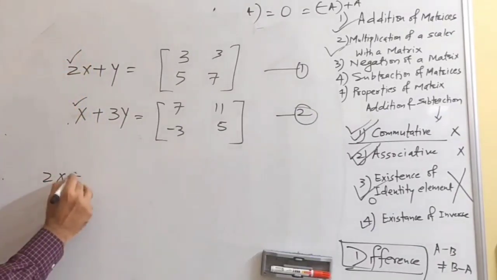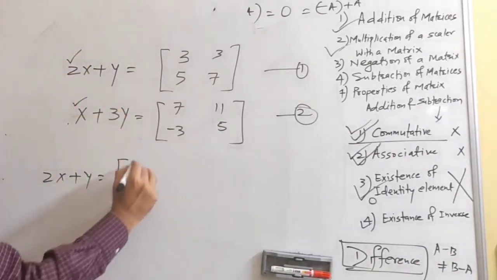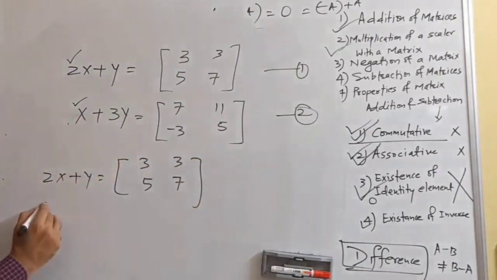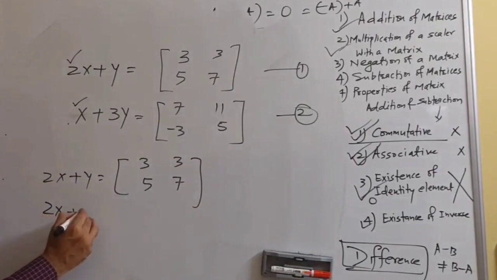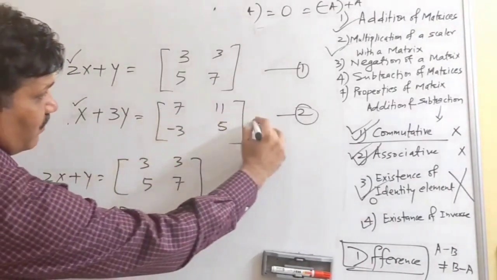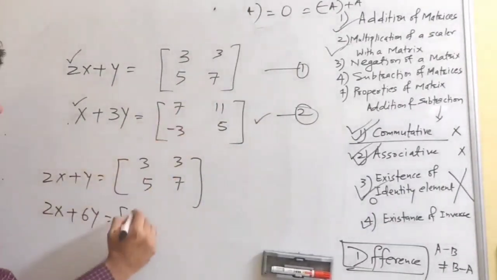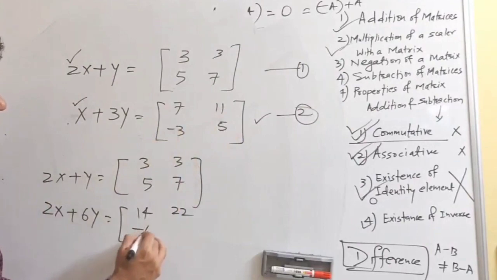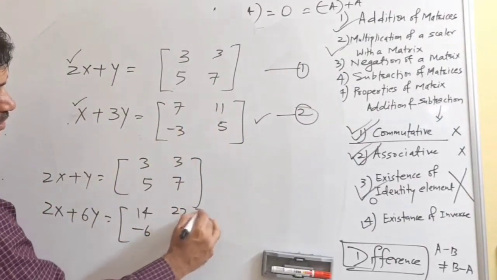So 2X plus Y is 3, 3, 5, 7, and the other equation multiplied by 2 will give me 2X plus 6Y is equal to, I am multiplying each and every element by 2, so 14, 22, minus 6 and 10.